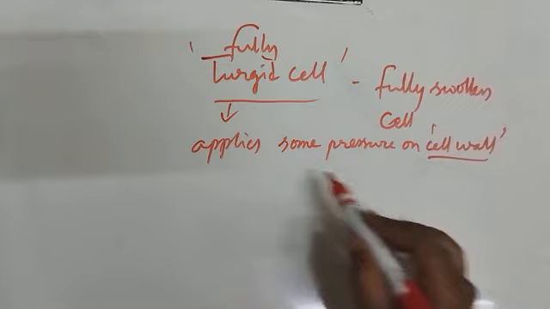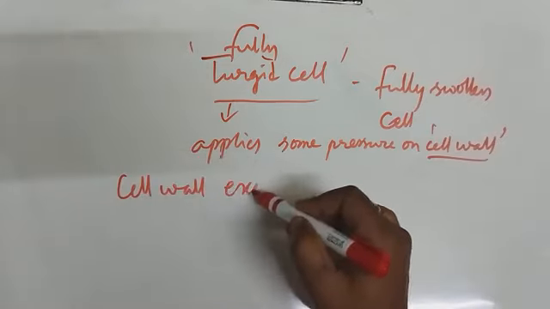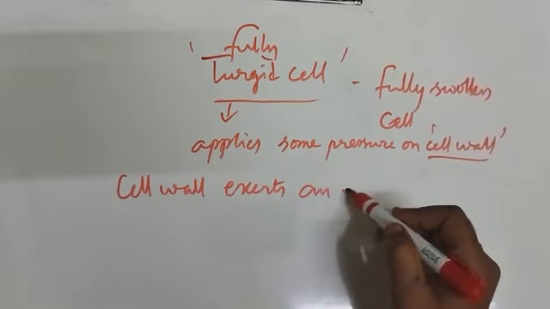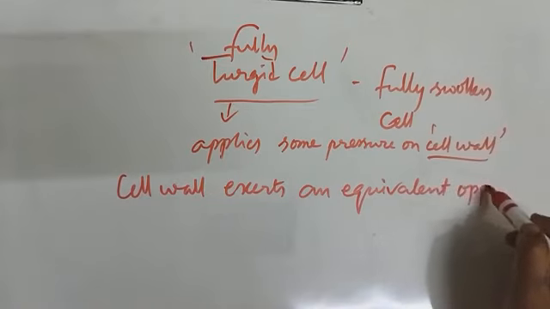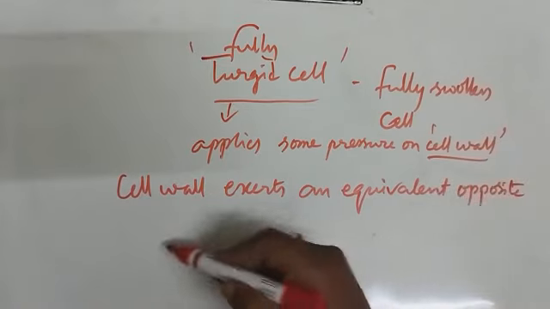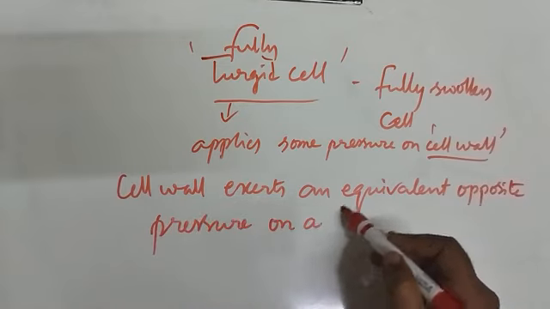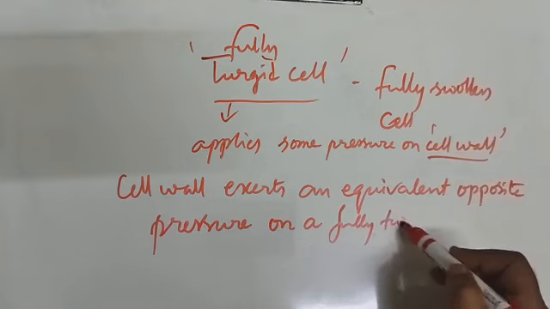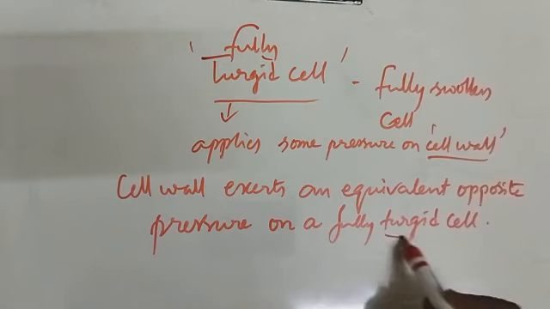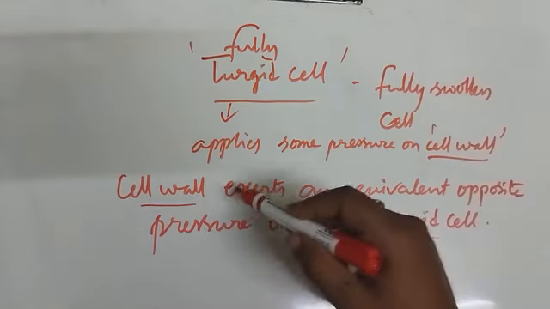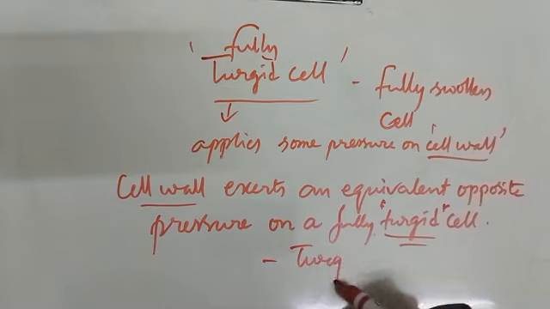But what is the cell wall doing? The cell wall exerts an equivalent opposite pressure on a fully turgid cell. Since the cell wall is exerting pressure on the turgid cell, it is called turgor pressure.